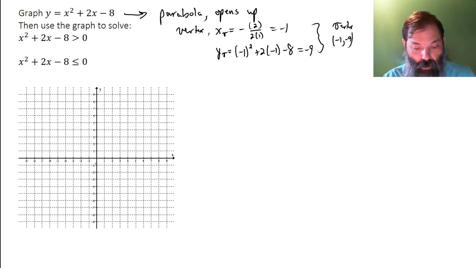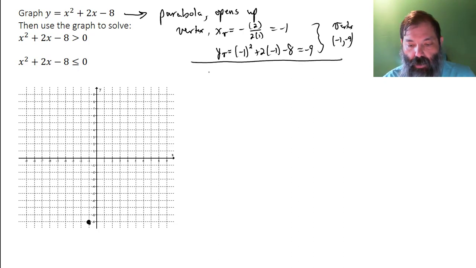I can plot that point. There's negative 1, negative 9. How about the x-intercepts? So let y equal 0, and we have to solve x squared plus 2x minus 8 equals 0.